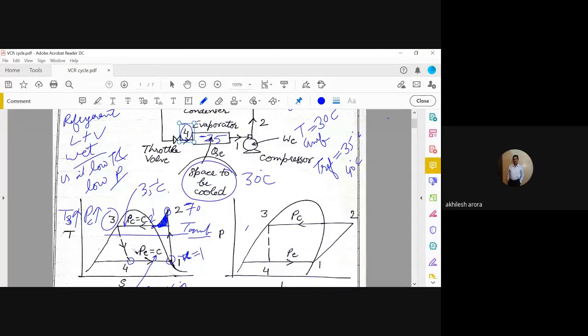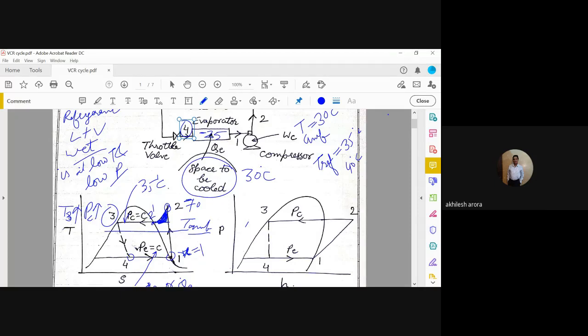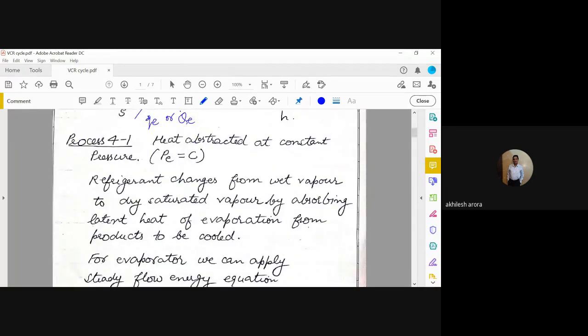Once again, I would like to tell you how the pressure drop takes place in the capillary tube. You remember the formula: delta P is equal to 4FLV square divided by 2gD. This is the Darcy-Weisbach equation.